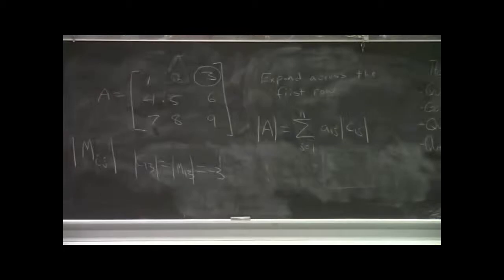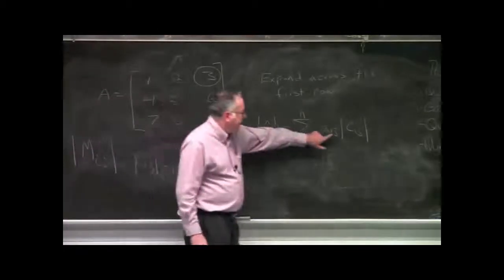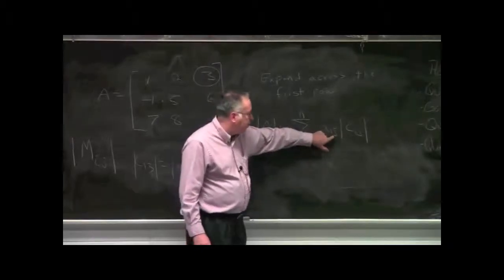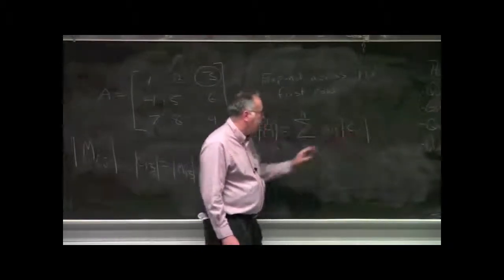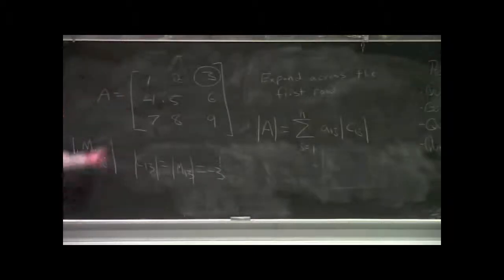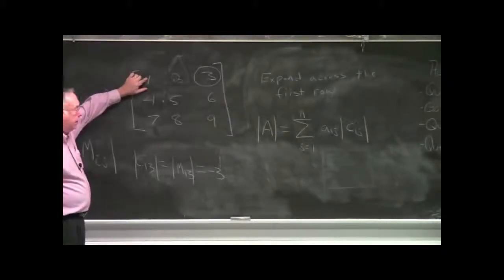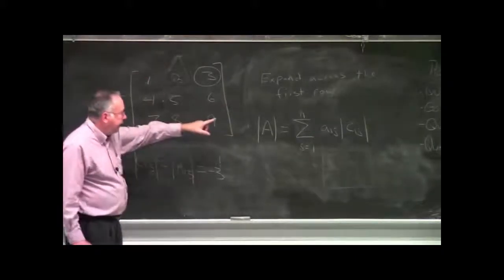What you're doing, you're holding this i value, which is the row, constant at 1. So that's why it's 1j times C1j. And you multiply first this element 1. That's A11. Let me write this out. In this case, n equals 3.